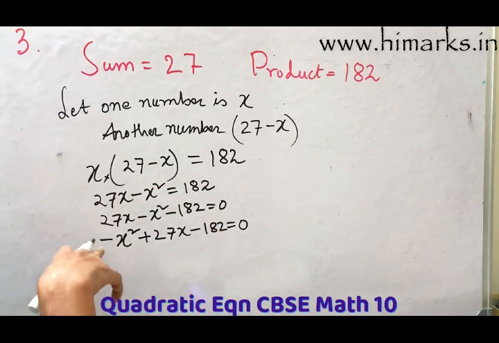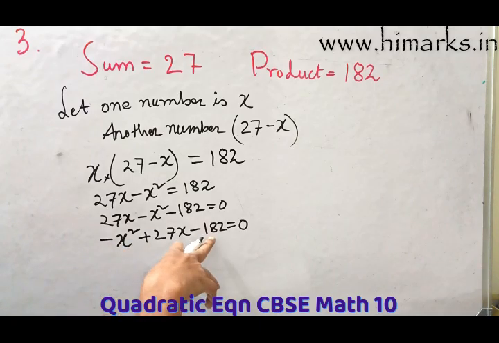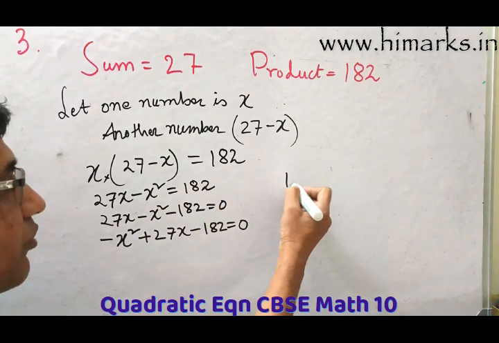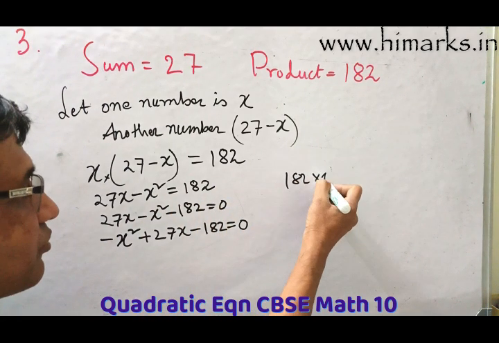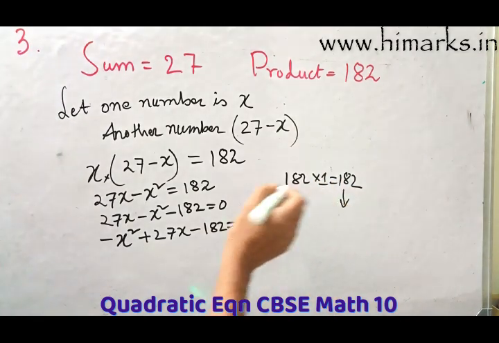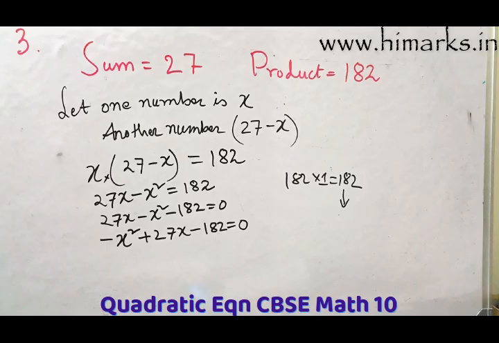So what I have to do here, the coefficient is 1 and this term is 182. So this 182 into 1 is 182. You should break this in such a way that it gives the 27.